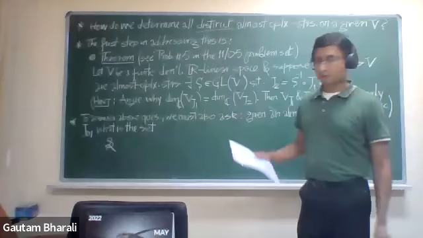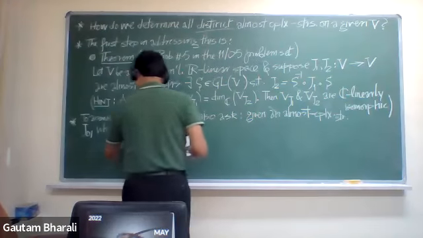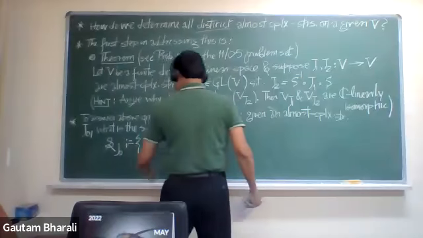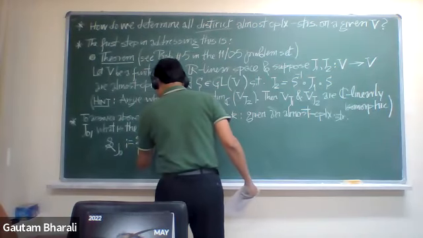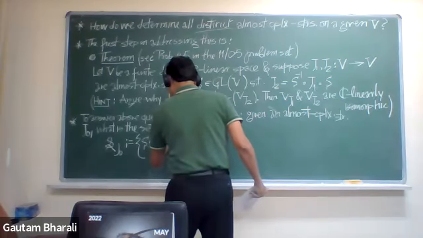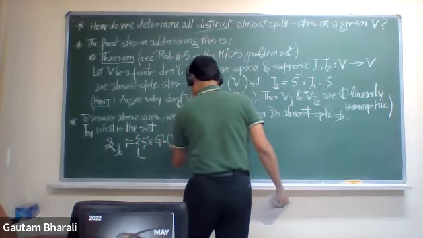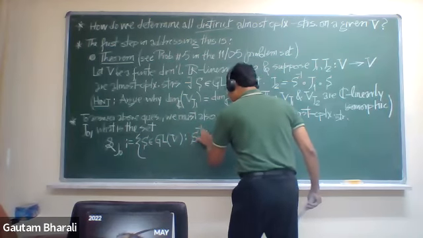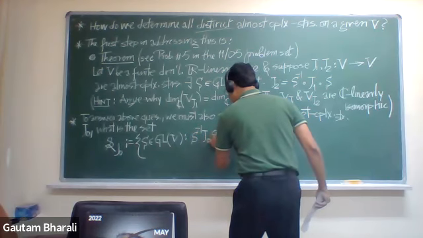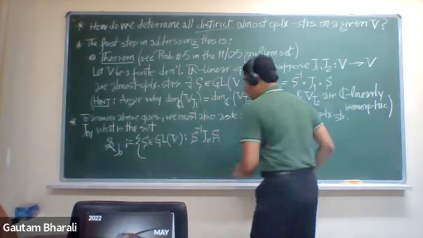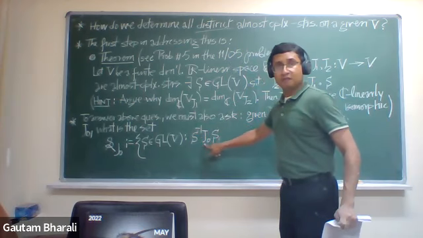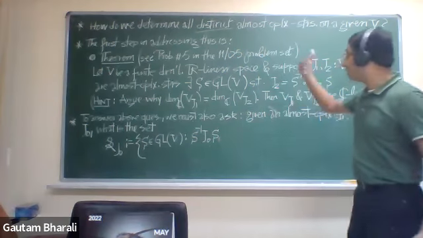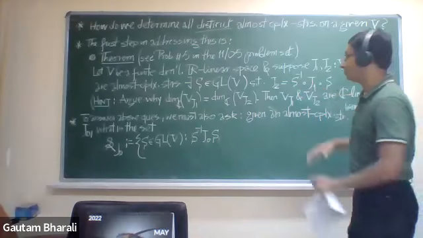So let's go with S for the moment. S for set. S sub J naught. This is the set of all capital S in GLV that does not succeed in moving this almost complex structure J naught to a different almost complex structure according to this prescription.